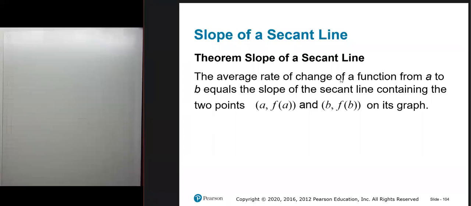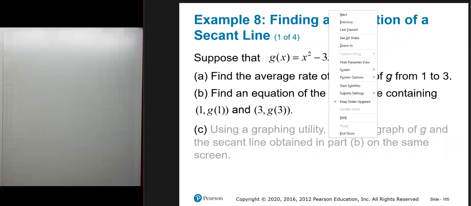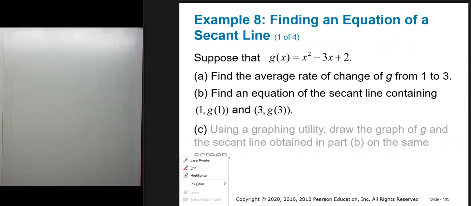The average rate of change of a function from A to B equals the slope of the secant line containing those 2 points on its graph. So that's what the slide is talking about.